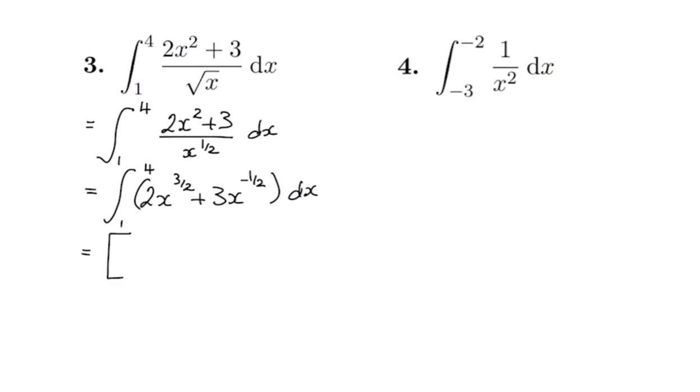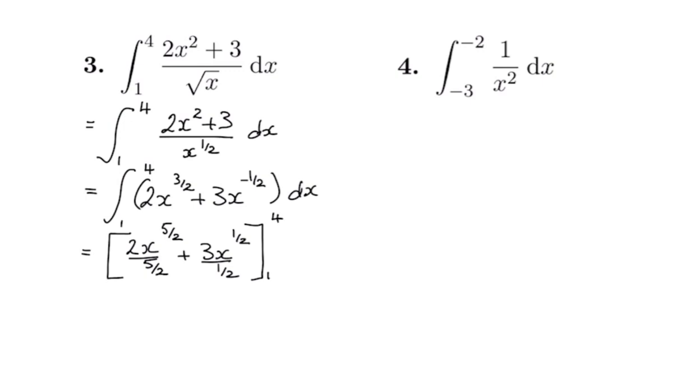I can now integrate, so I'm going into square brackets. This one I'm going to do in 2 steps. If I add 1 to 3 over 2, I get 5 over 2 divided by 5 over 2, plus that's 3x. And if you add 1 to -1/2, you get 1/2 divided by 1/2.